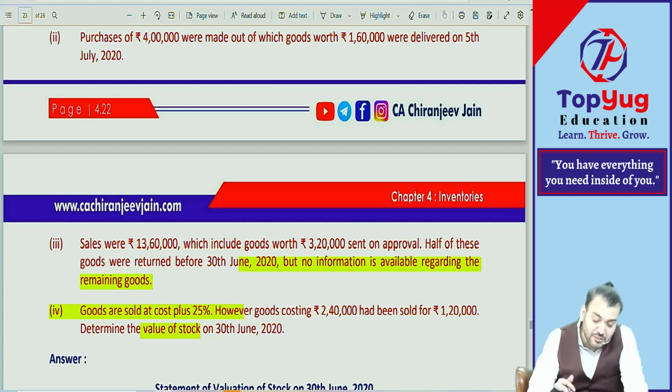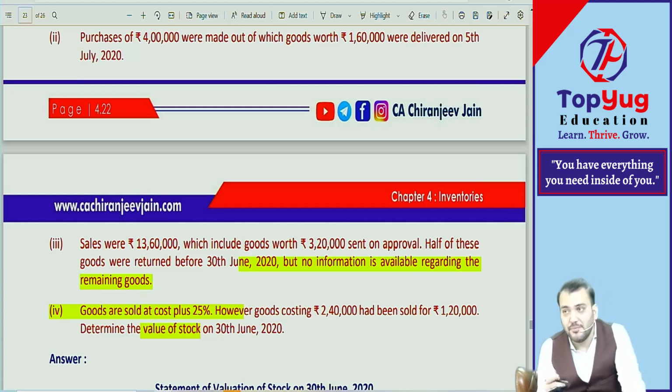Returned goods are not a sale, so should not be a part of sales. But no information is available regarding the remaining goods, which means they are part of stock only. So out of 13 lakh 60,000, only 1 lakh 60,000 will be considered as sale.